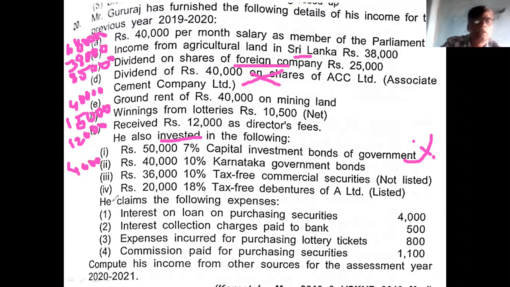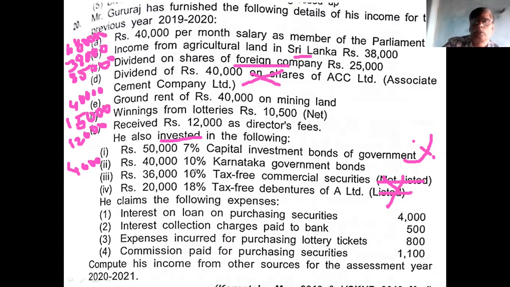Then 36,000, 10% tax-free commercial security, not listed. You don't worry about whether it is listed or not listed. This is not for your syllabus. You forget it. So 36,000 into 10%, 3,600.